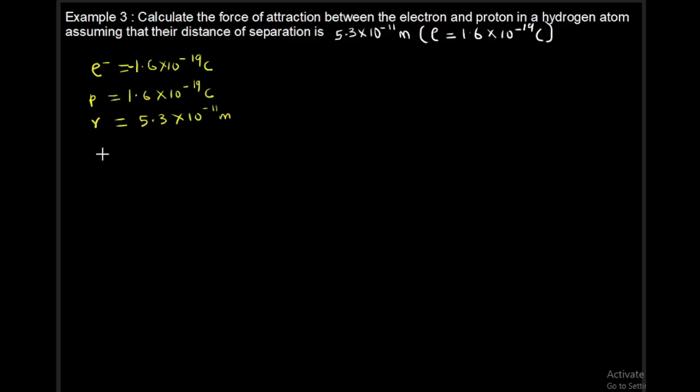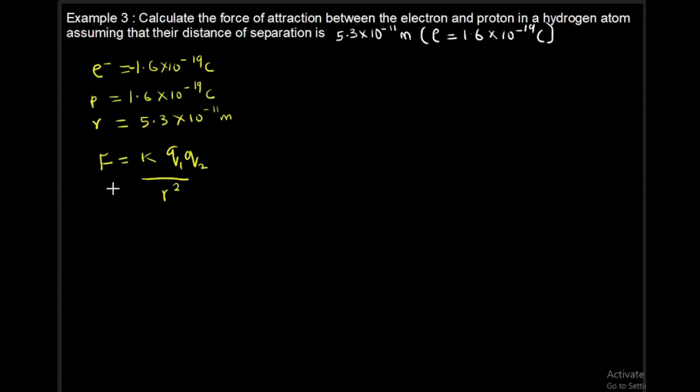Okay, so we need to get the force of attraction between electron and proton. Alright, but not just electron and proton anywhere, but electron and proton in a hydrogen atom. So let's bring out our formula first. We have F equals KQ1 Q2 over R squared.